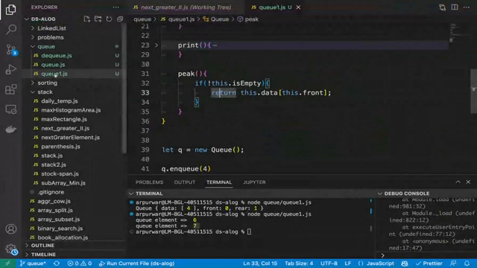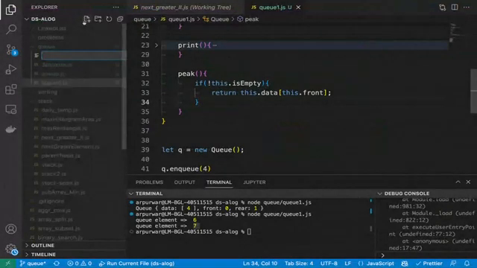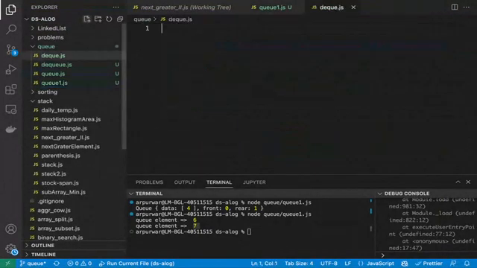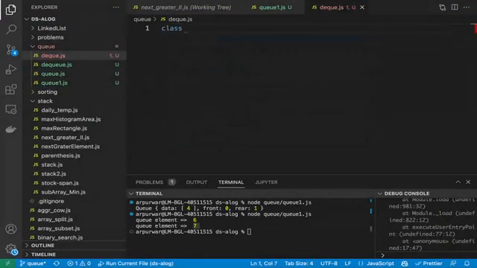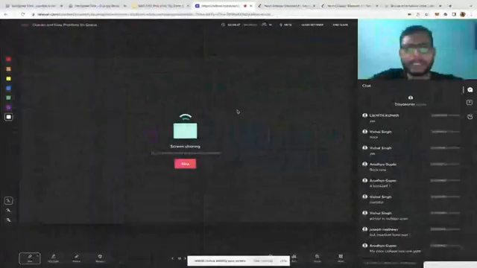So this is queue, and let's create a new file called dq.js. Let's create a new class DQ. Okay, how are they writing it?